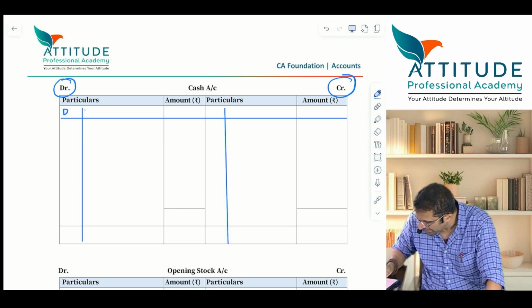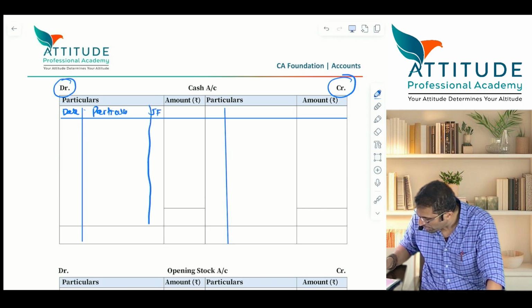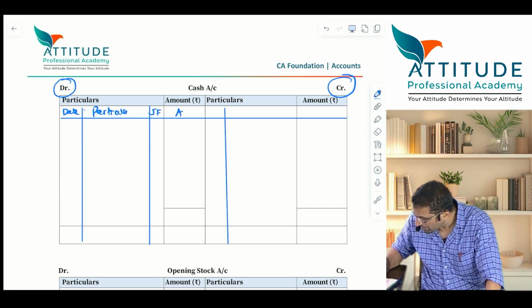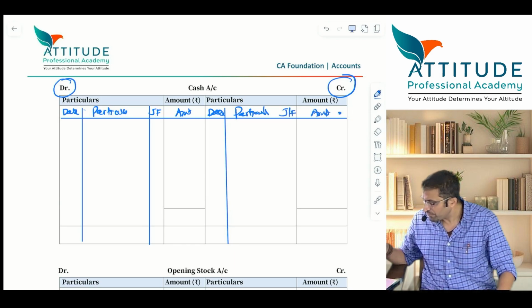Generally, you have date, particulars, then journal folio, a very small column, and then you have amount. Similarly, again you have date, credit side, date, particulars, then journal folio and amount.